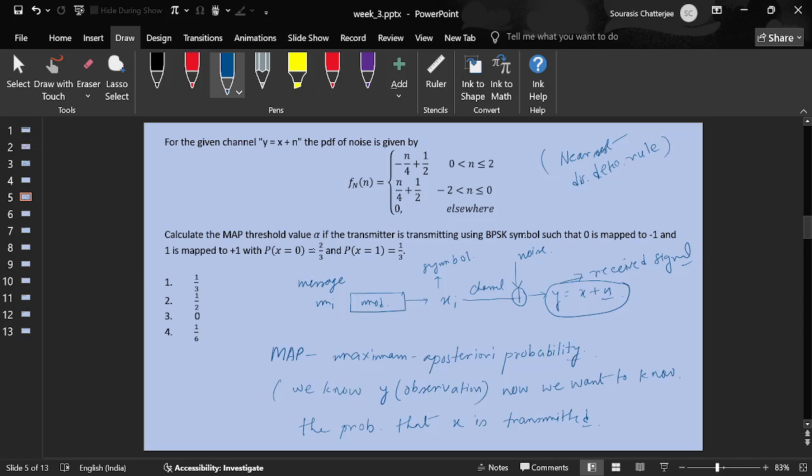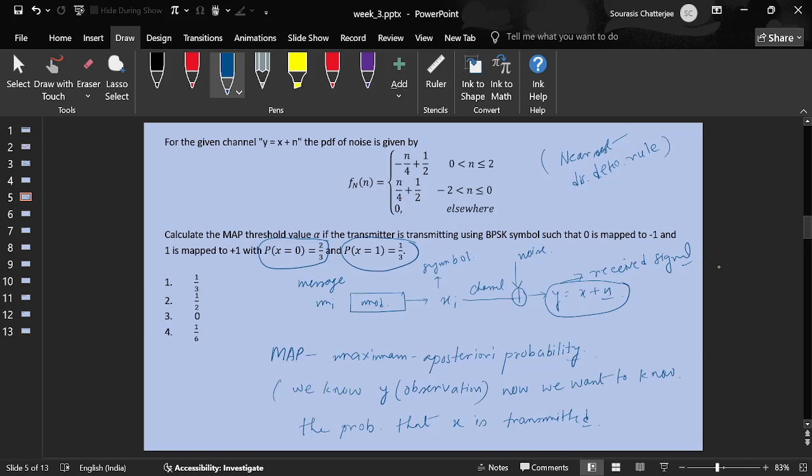Can you tell me what these things are that are given? P of X equal to 0 is 2 over 3, P of X equal to 1 is 1 over 3. What are these things? This is the probability for X equal to 0 and X equal to 1, 2 by 3 and 1 by 3.